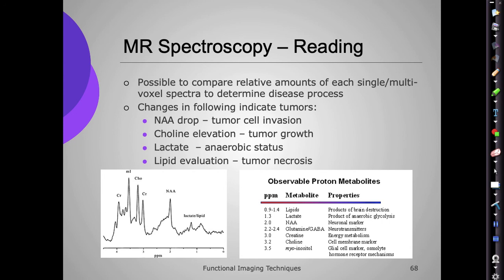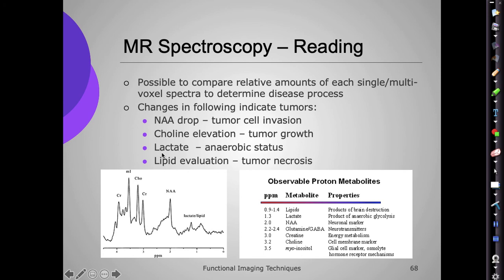Now we need to specify what type of pathology it is exactly. So changes in these metabolites and the sizes of their peaks sometimes indicate tumors. Like I said before, if we have a drop in NAA, that's an indicator that we have tumor cell invasion. If we have an increase in choline, that is an indication of tumor growth.